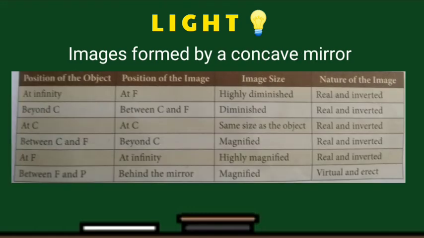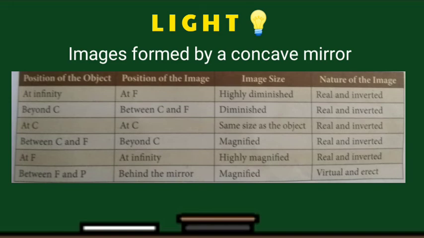Next, image formed by concave mirror. First one, object at infinity: position of the image is at F. Image size is highly diminished. Nature of the image is real and inverted. Next, if the position of the object is beyond C, then the image is formed between C and F. Size of the image is diminished.